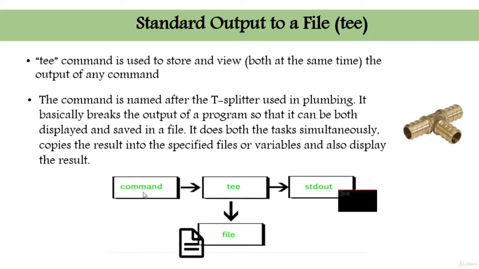Whatever command you run, echo, ls, pwd, chmod, or whatever, you put tee in front of it, and then it will not only send the output to the screen, but it will also put it into a specified file, the file that you wanted the output to go to. So that's how the tee command works.